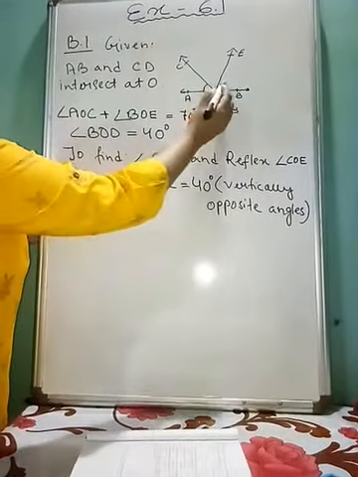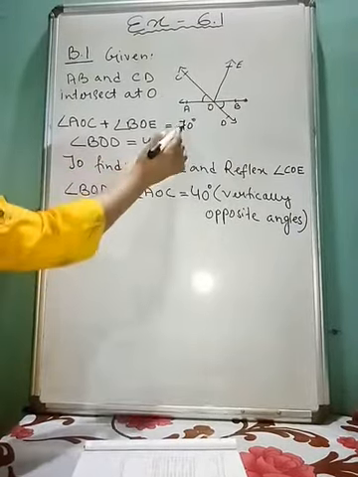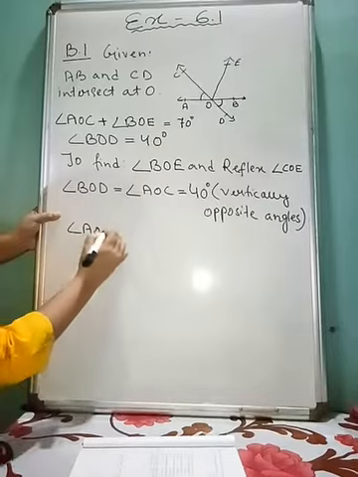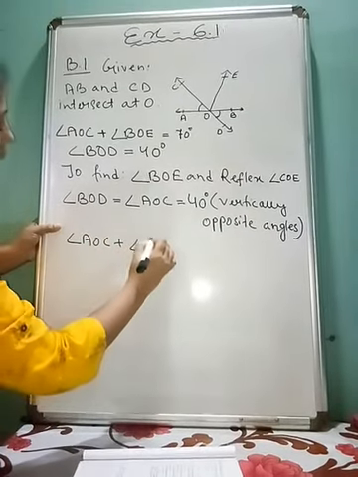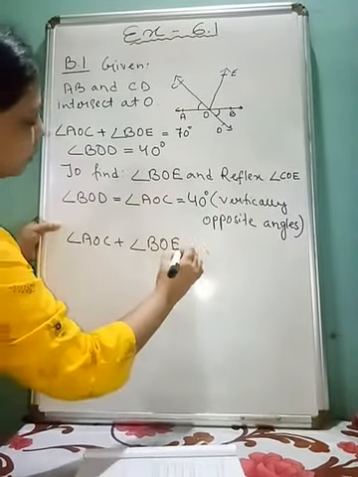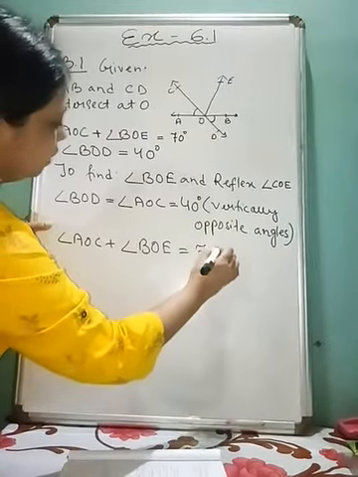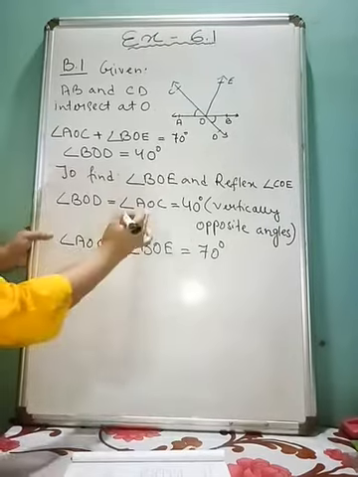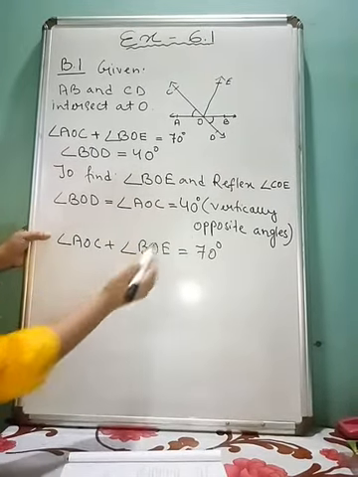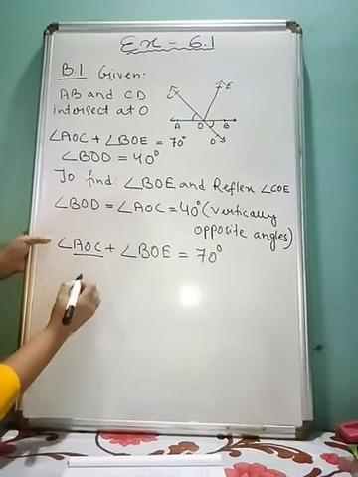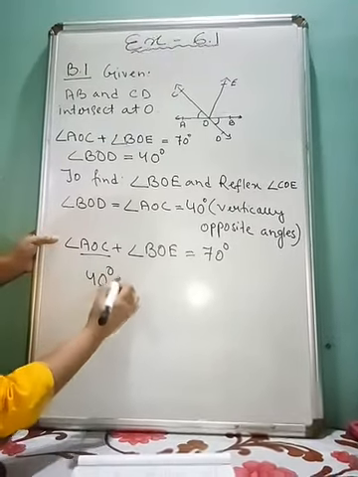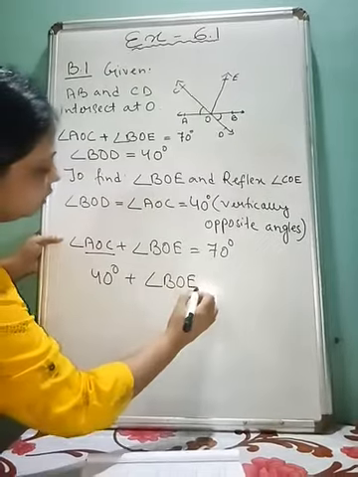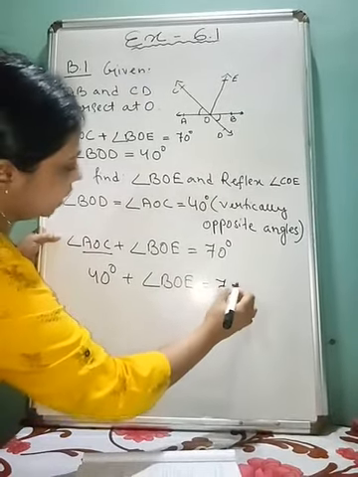Now these two together it is given 70 degree. So we will write angle AOC plus angle BOE equal to 70 degree. This is what is given to us. Now we have found that AOC is 40 degree. So in place of AOC we will write here 40 degree plus angle BOE equal to 70 degree.